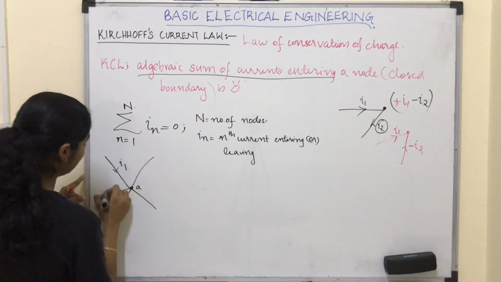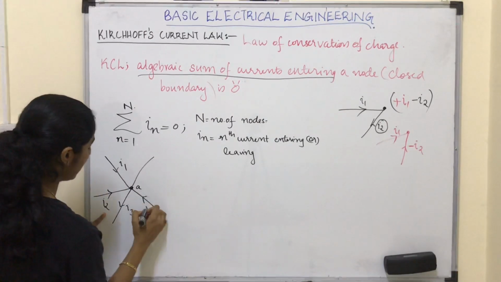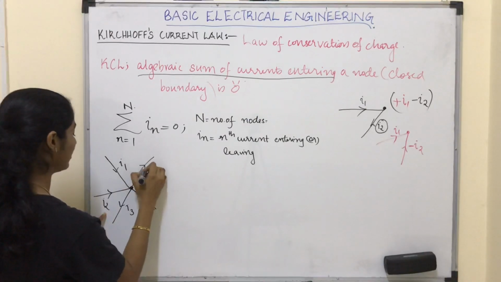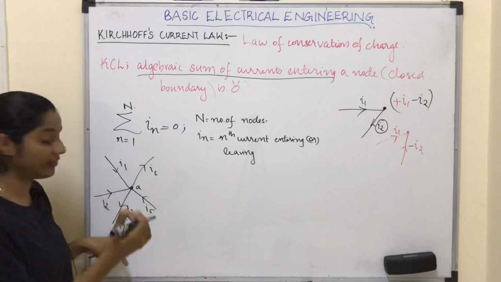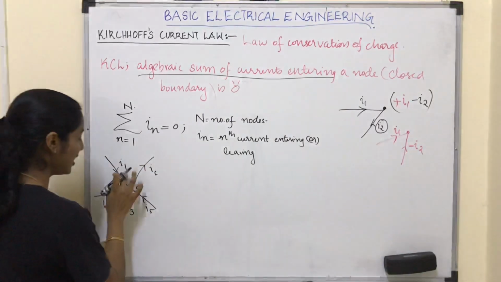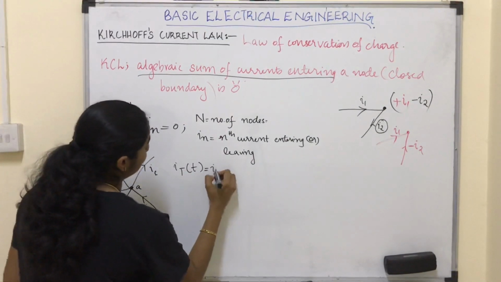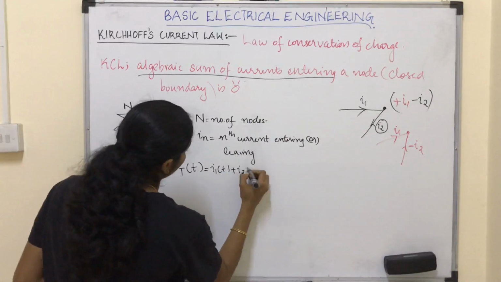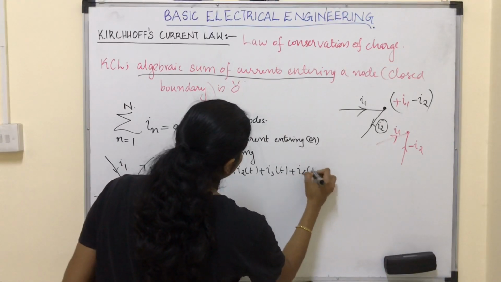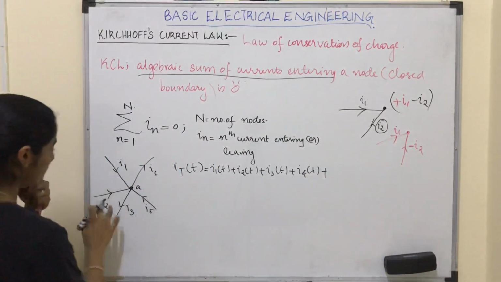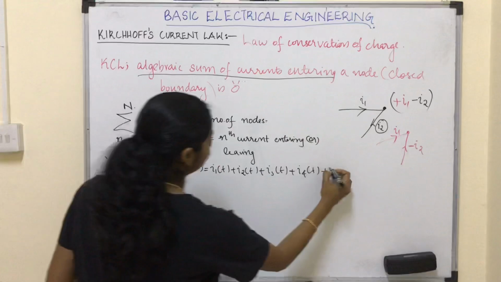Let I1, I2, I3, I4, I5 be the currents entering or leaving through a node A. In this case, the total current IT of t is equal to I1 of t plus I2 of t plus I3 of t plus I4 of t plus I5 of t, 1, 2, 3, 4 and 5, right?